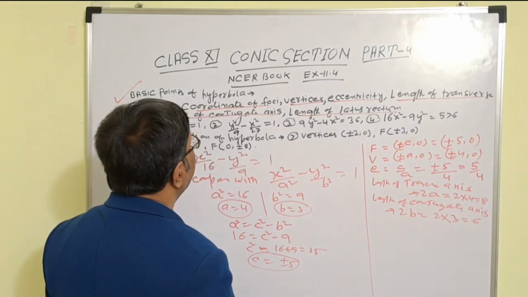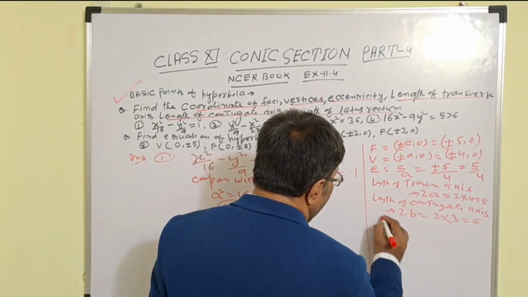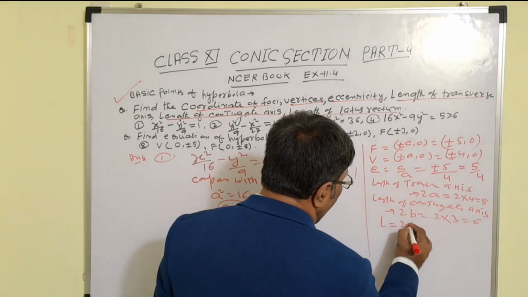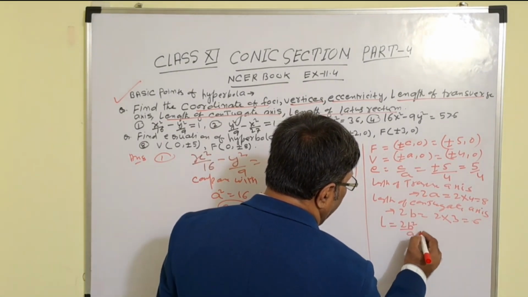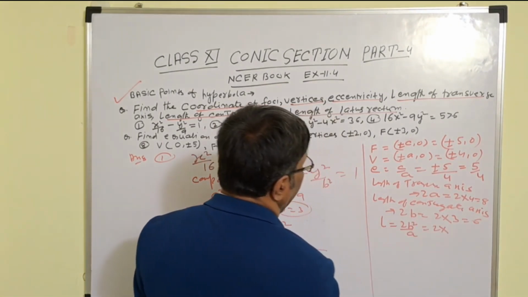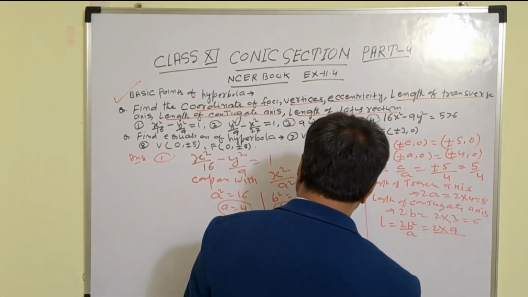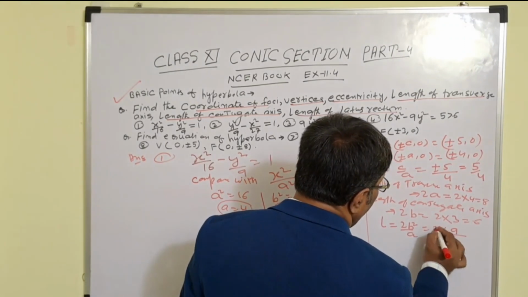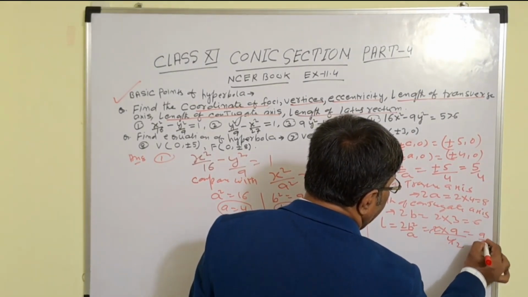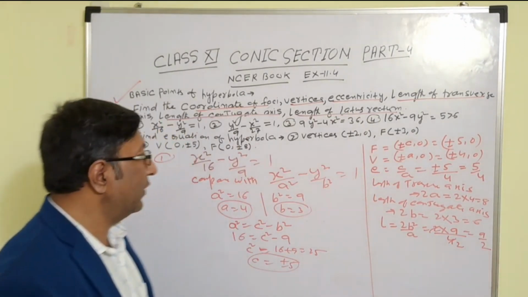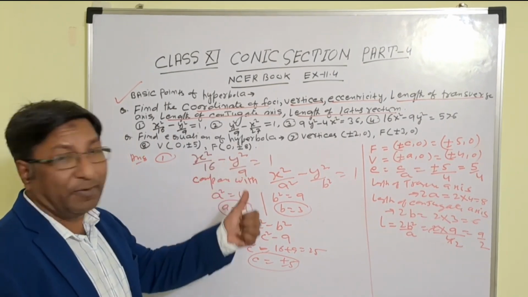Now we have to find the length of latus rectum. Length of latus rectum L equals 2b square by a. So 2 multiplied by b square, which is 9, divided by a, which is 4. So 2 2s are 4, and our correct answer is 9 by 2. In this way we have solved every point.